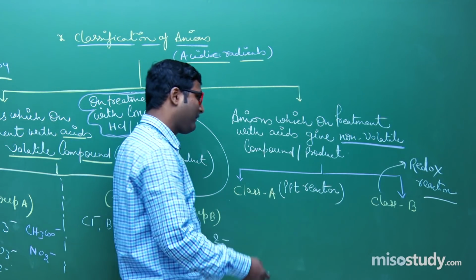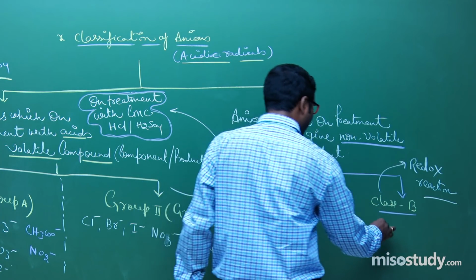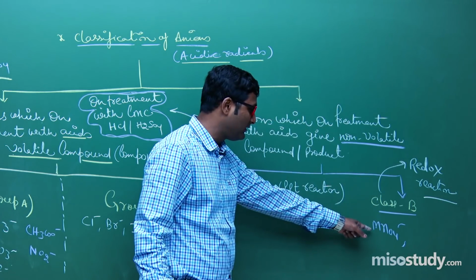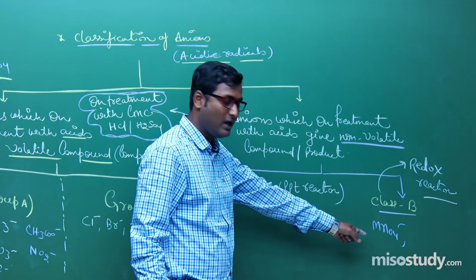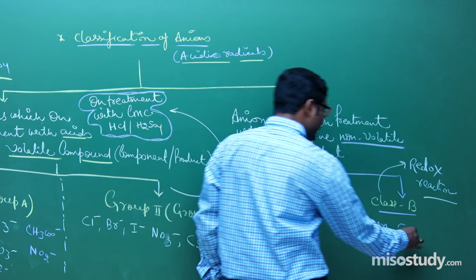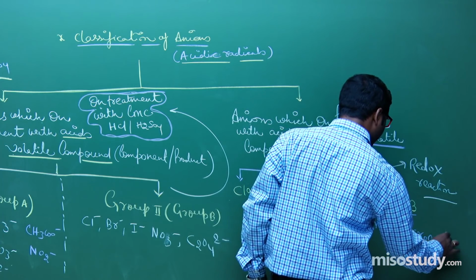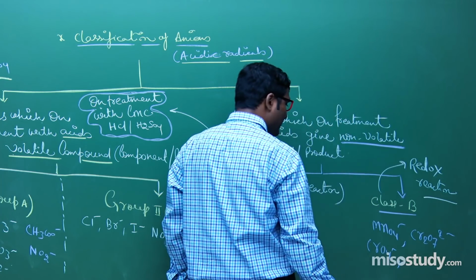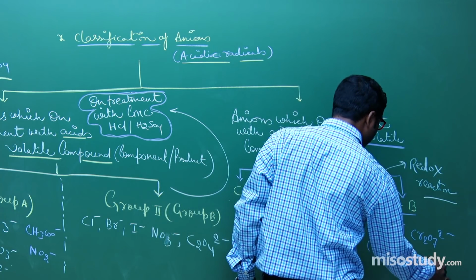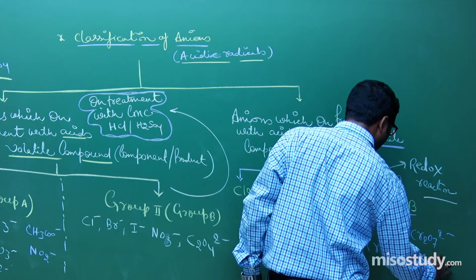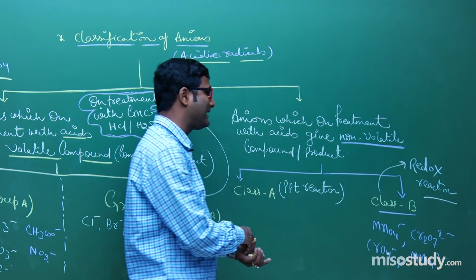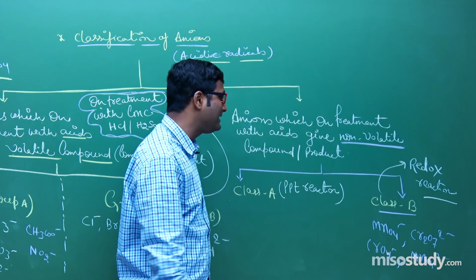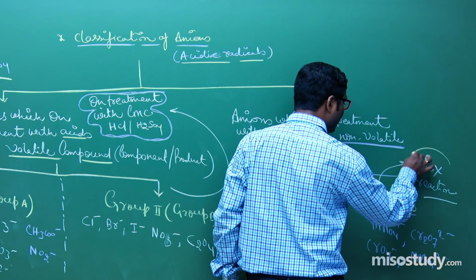Clear to you? If I talk about MnO4 minus, listen carefully, MnO4 minus redox reaction, a powerful oxidizing agent, Cr2O7 2 minus, CrO4 2 minus. Then there comes MnO4 2 minus, and so on. This is class B, based on redox reaction.